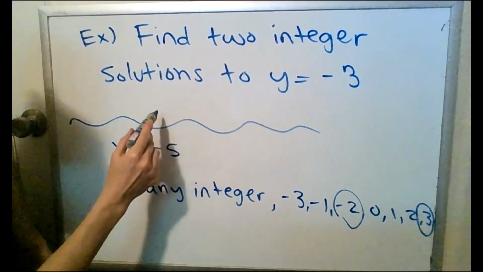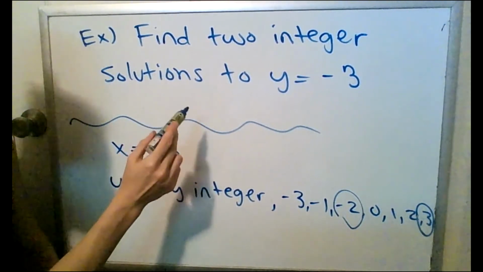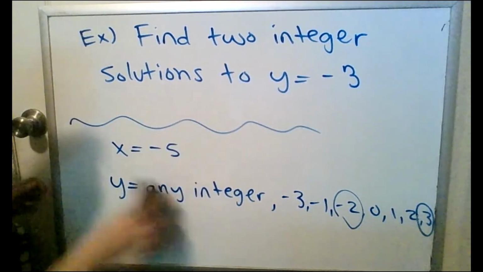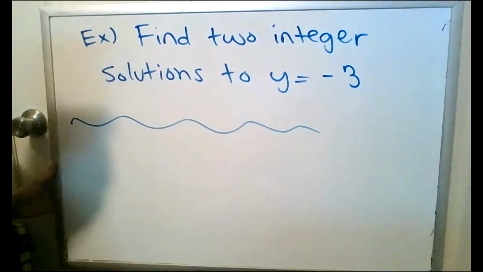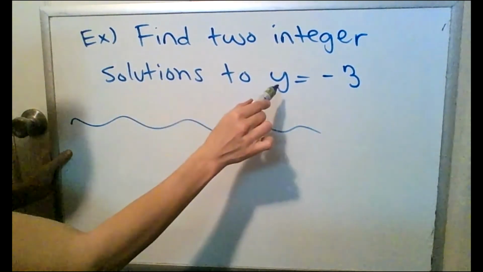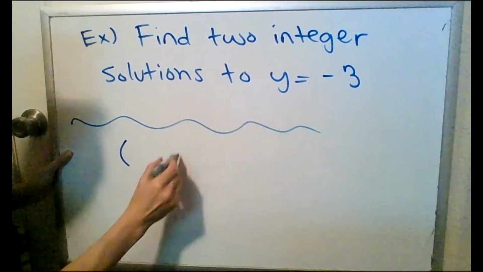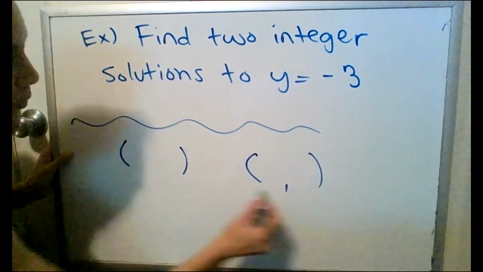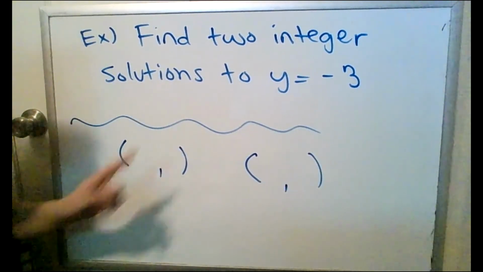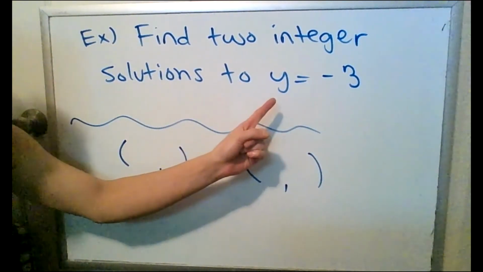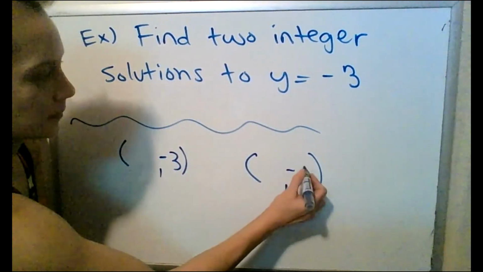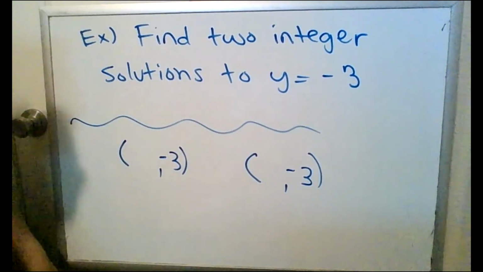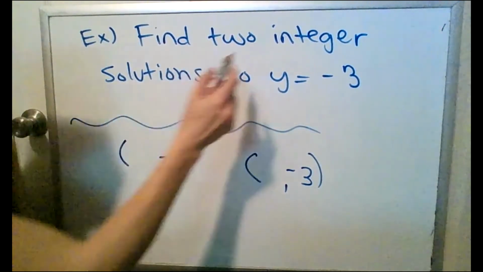Let's go back. Let's do this one so it'll be a little more clear. In this problem, your two solutions are points, x, y points. Y has to equal -3. And x, it can be any number, but then this problem kind of restricts it to an integer.